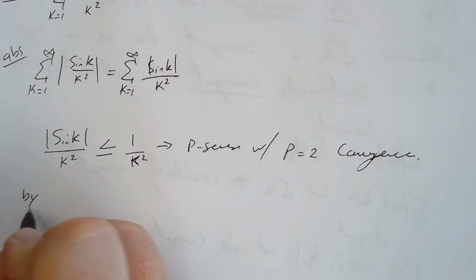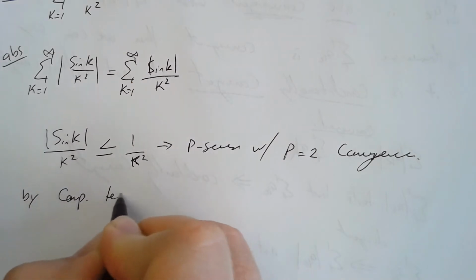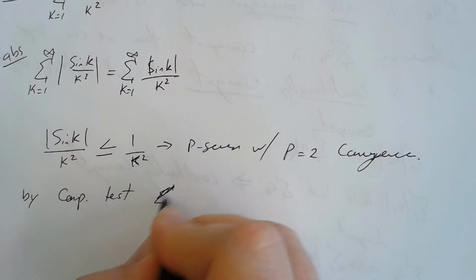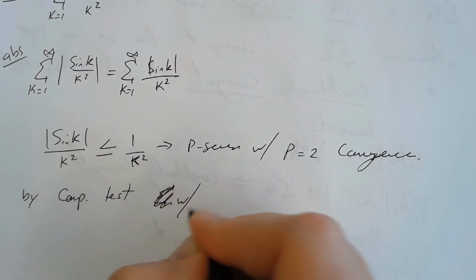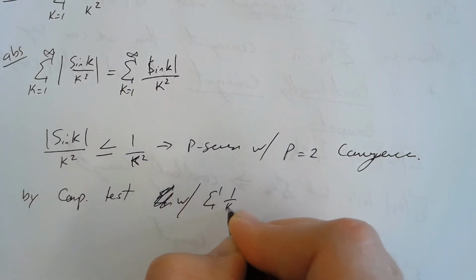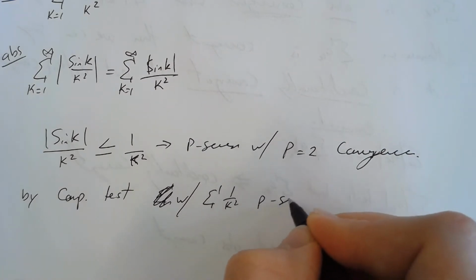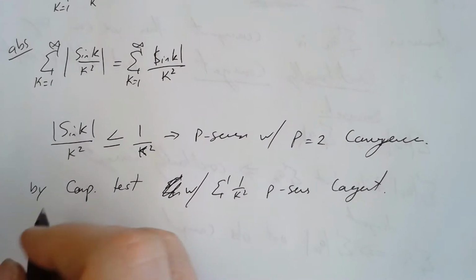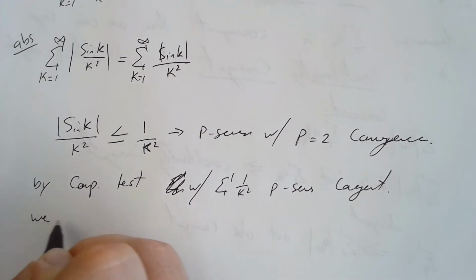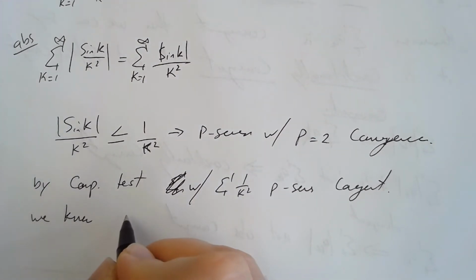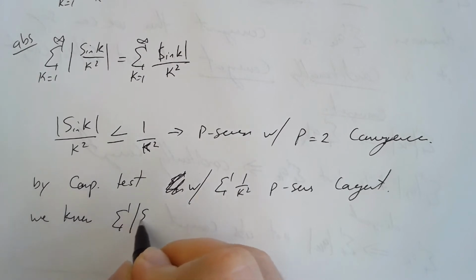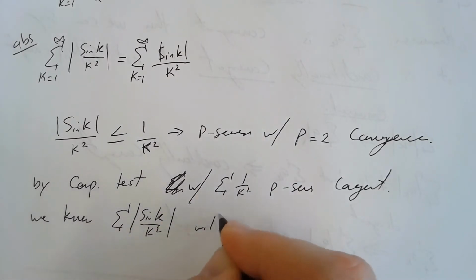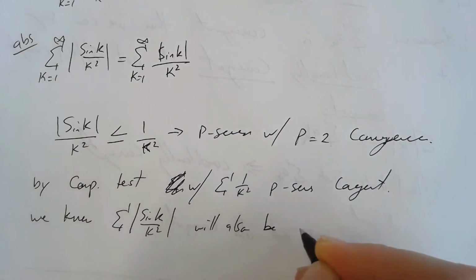So by a comparison test with the summation of 1 over k squared, a convergent p series, we know the series of the absolute value of sine of k over k squared will also be convergent.